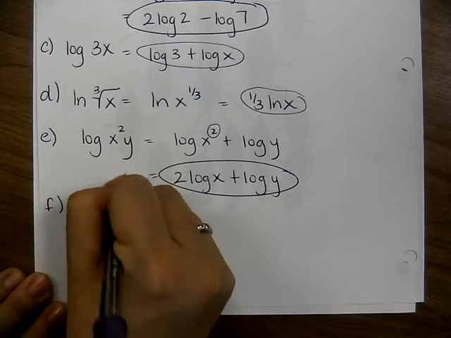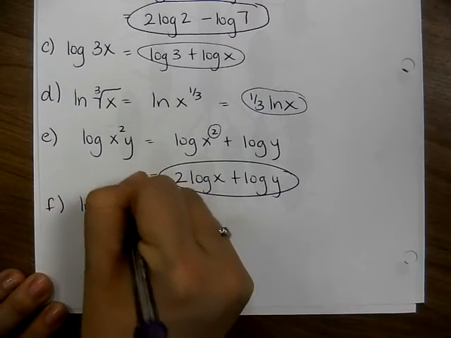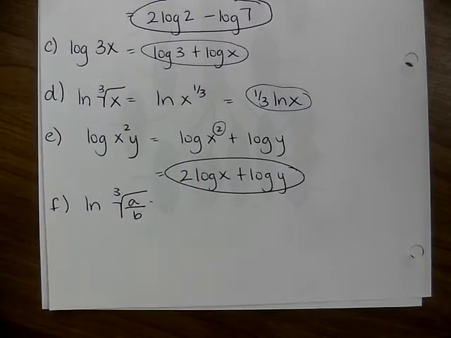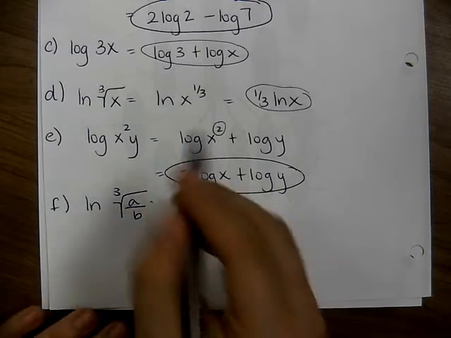How about the natural log of the cube root of a over b? Okay, so think about that cube root. Anytime you see a radical, you should think about the fractional exponent. So what's the cube root in terms of a fractional exponent? The 1/3.